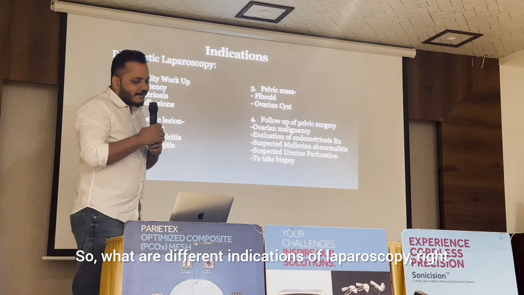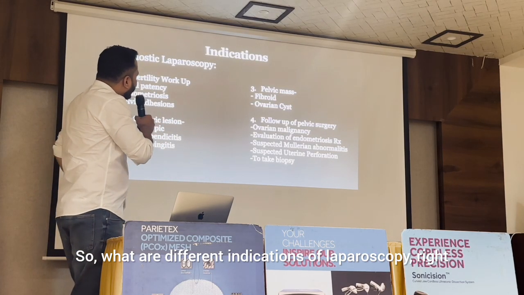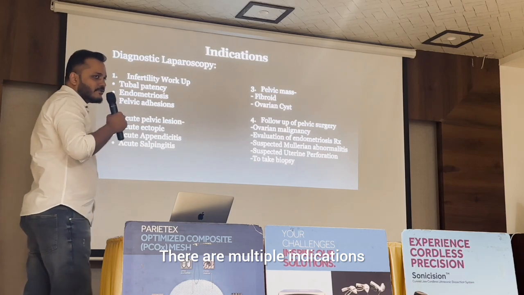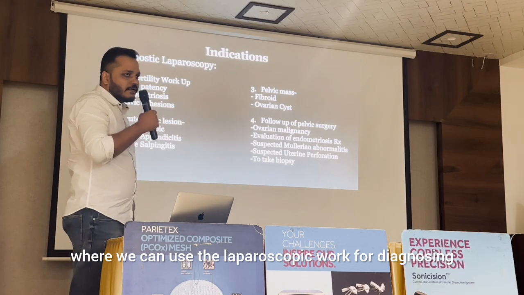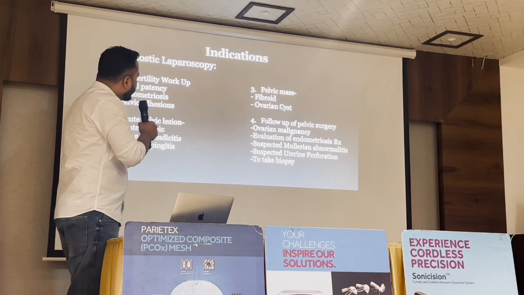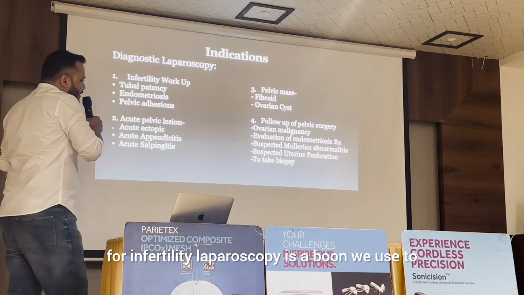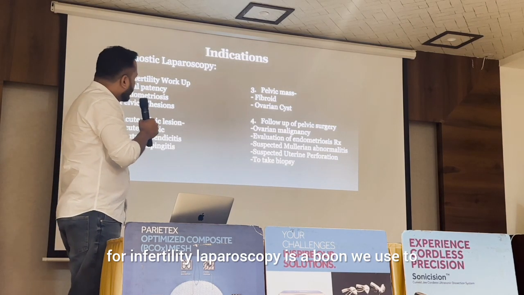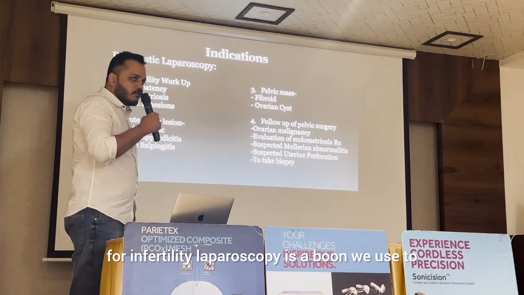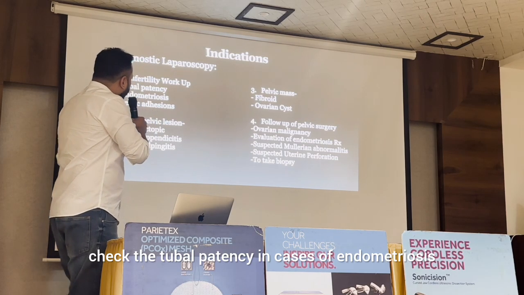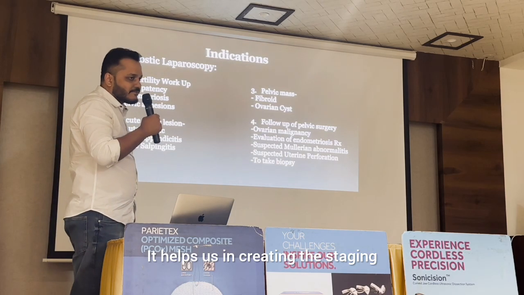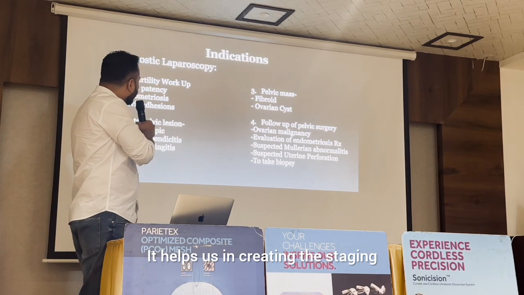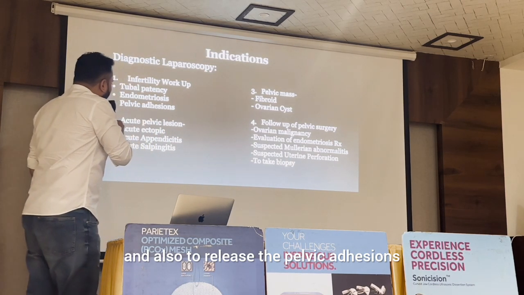So what are the different indications of laparoscopy? There are multiple indications where we can use laparoscopy for diagnostic and even for therapeutic purposes. For infertility, laparoscopy is a boon. We use it to check the tubal patency. In cases of endometriosis, it helps us in staging and also to release the pelvic adhesions.